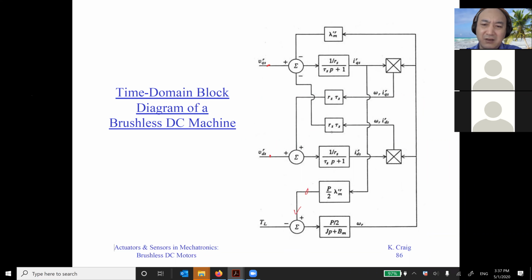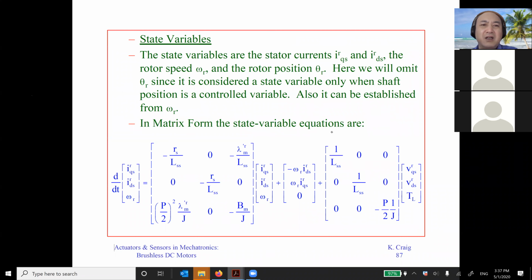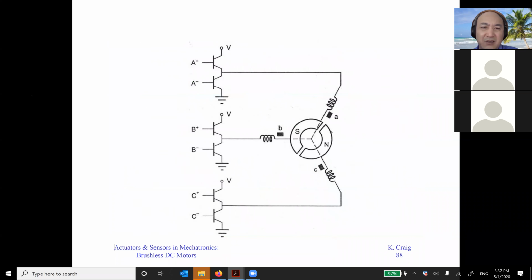This is the torque we provide from a motor. This is my load, going to mechanical. This is omega R, the rotation speed, multiplied by that. So you have different circuits, and writing the state variables, it should look like this.